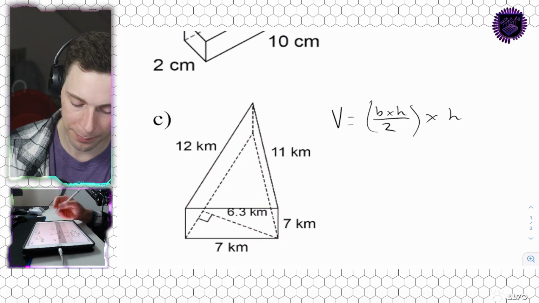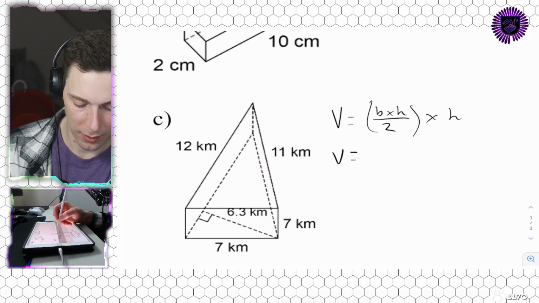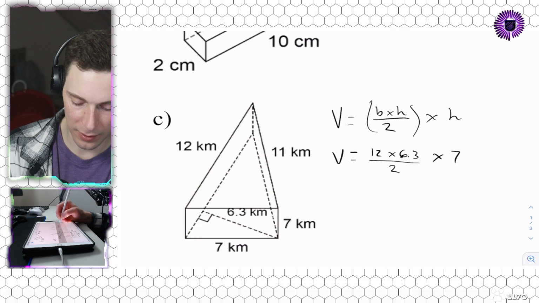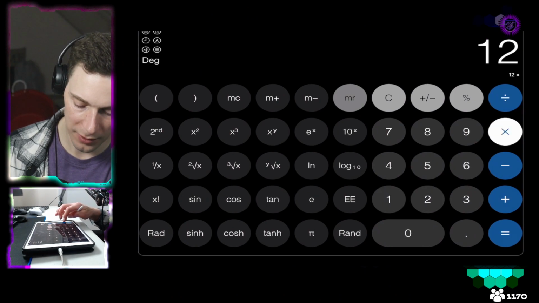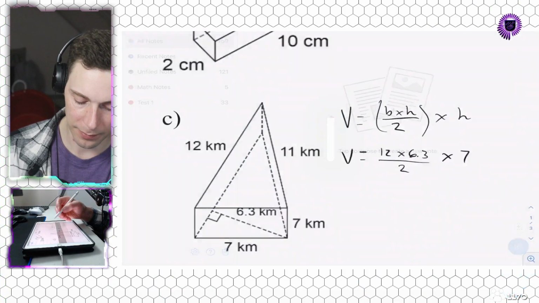Volume will be equal to 12 times 6.3 divided by 2 times 7. 12 times 6.3 divided by 2 is 37.8.